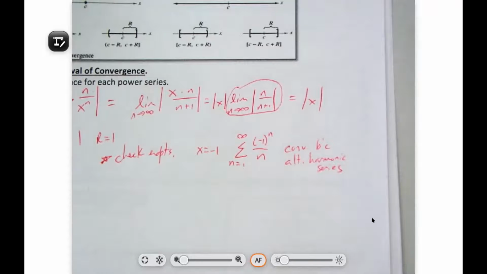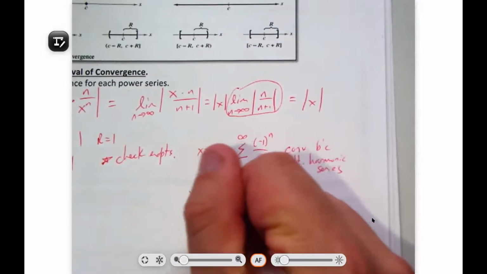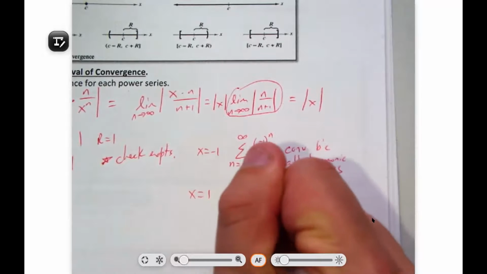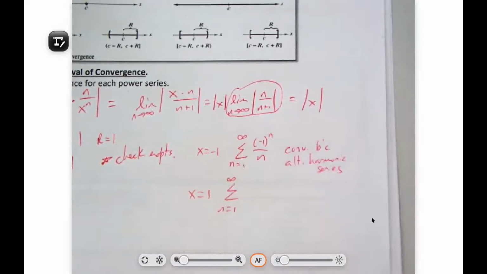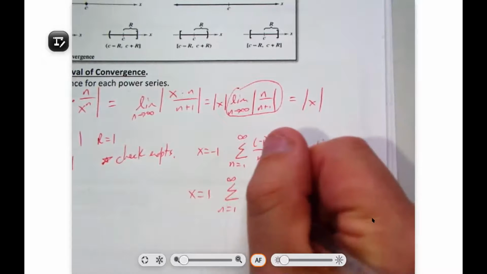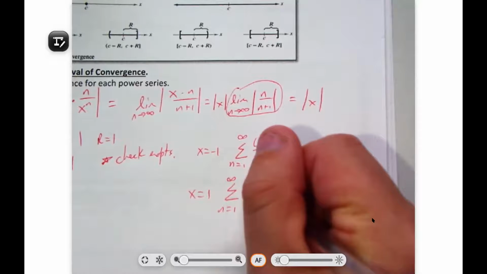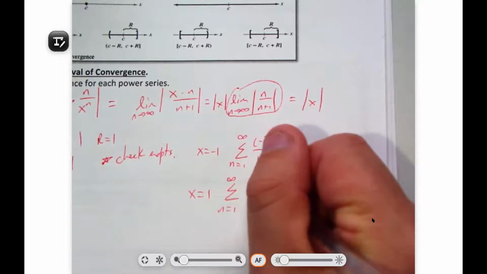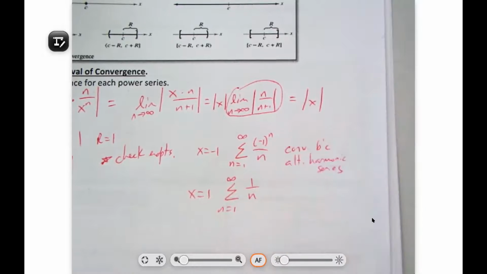We need to check 1. So we plug 1 in for x, and we get 1 to the n over n. So 1 over n. That is the harmonic series, so that will diverge.